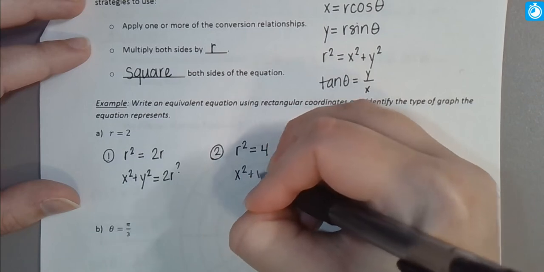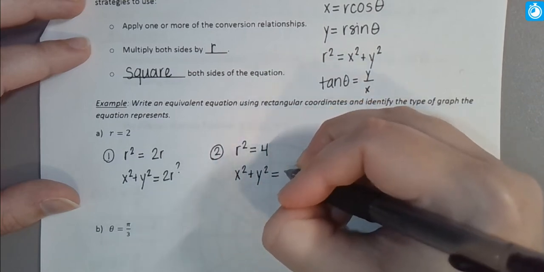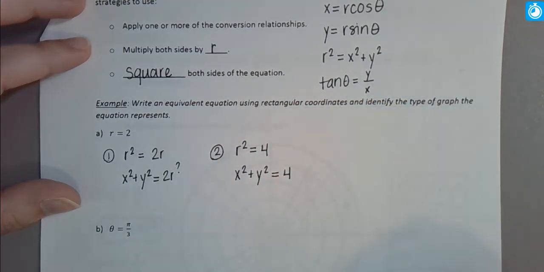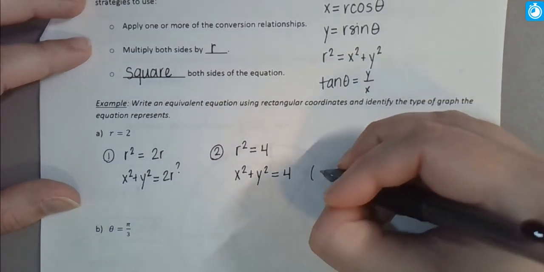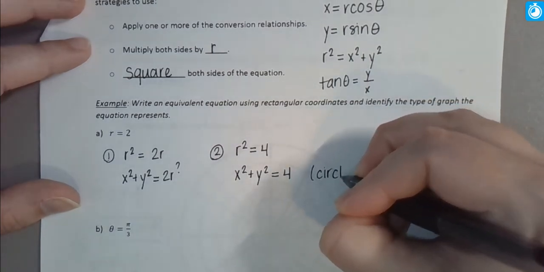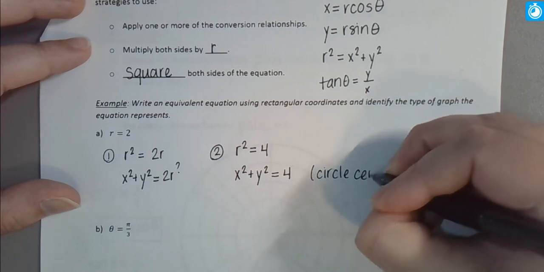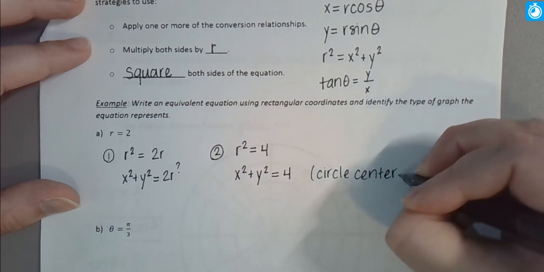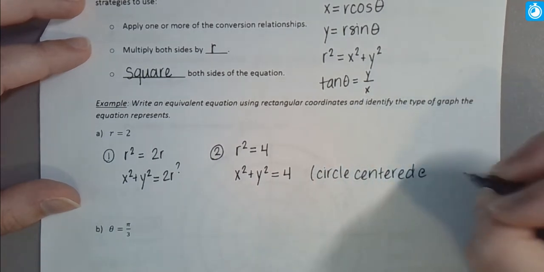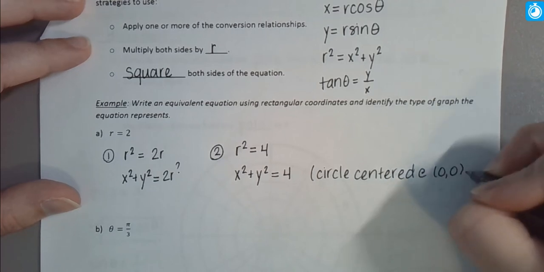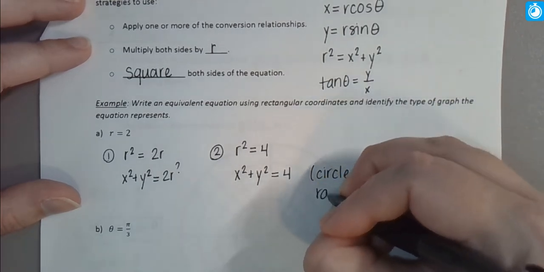So x squared plus y squared is equal to 4. What is that? That is a circle centered at the origin. Circle centered at 0, 0 with a radius of 2.